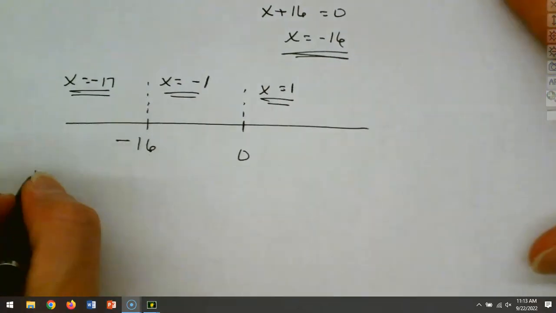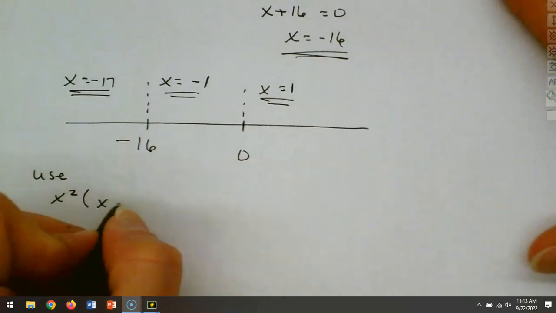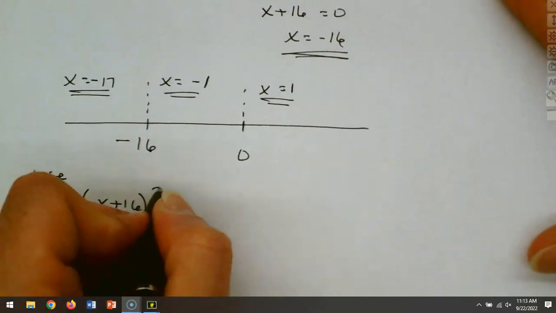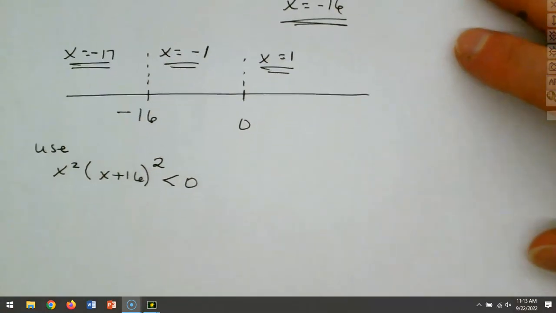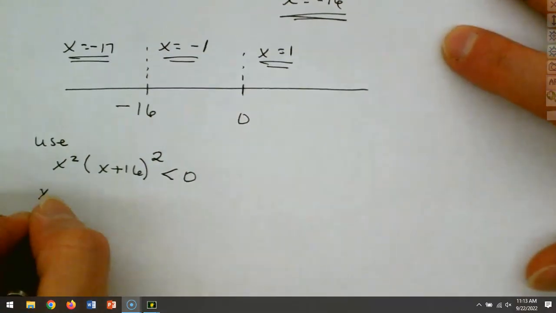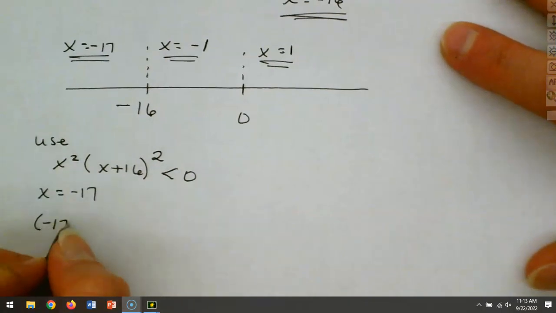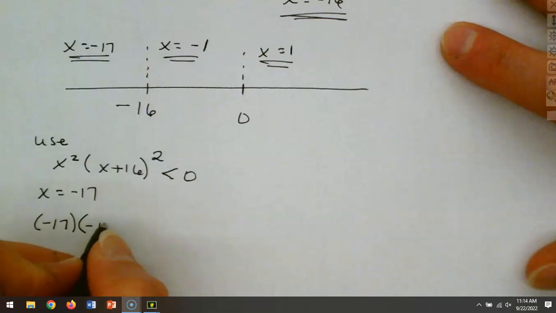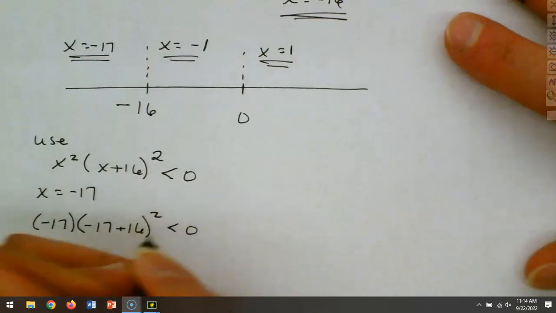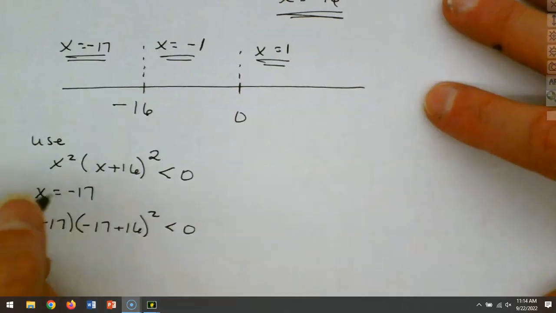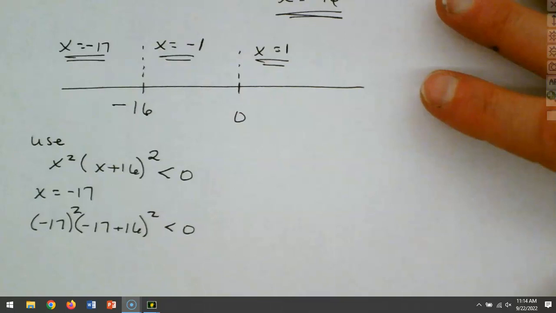We're going to check these in this. We're going to use x squared times x plus 16 squared is less than 0. So that's what we're going to be using to check. And we're going to plug in negative 17 first. Negative 17 plus 16, quantity squared. Okay, so what happens here? This has got to be squared. What happens when we square a negative 17?